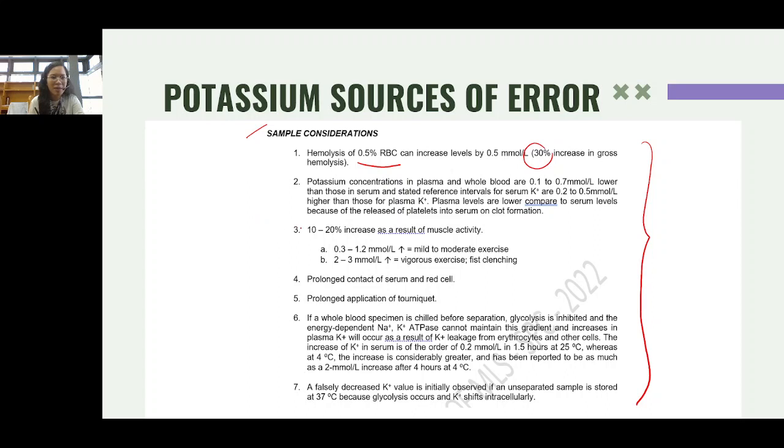Next, 10 to 20% increase as a result of muscle activity. If there is a mild to moderate exercise, ani ang level na itaas sa inyong potassium. If there is vigorous exercise or usually kaning inyuhang fist clenching, there is around 2 to 3 millimoles per liter increase.